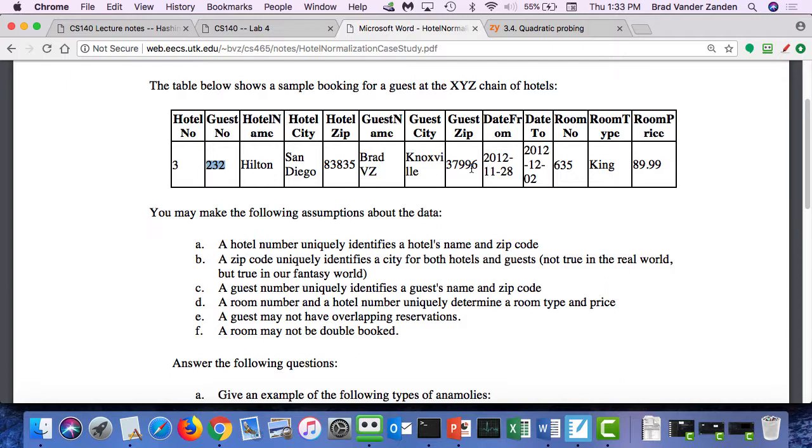So if the primary key is based off the guest number, I have two insert anomalies, one for hotel and one for room. If I say, okay, that's bad, I'll make the primary key be the hotel number and the room number, then I say, oh, that's no good because now the guest is the insert anomaly.